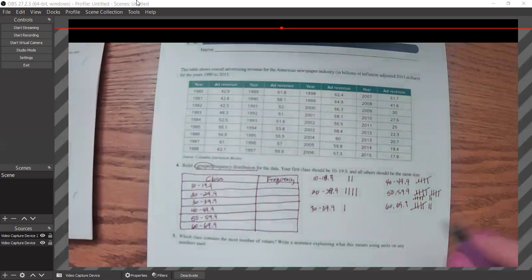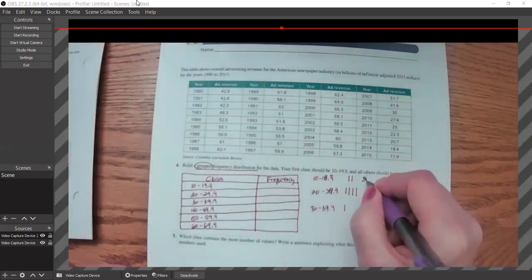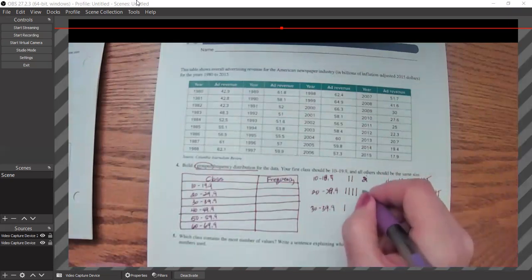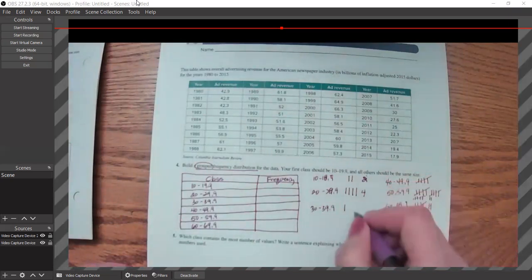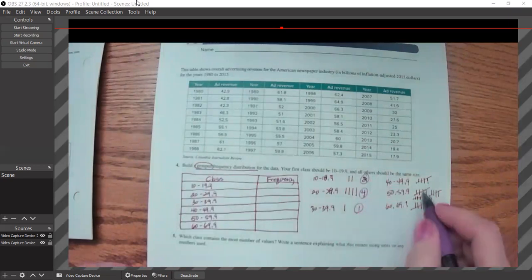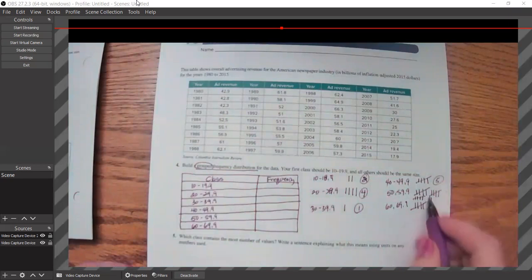All right, so this class had 2 numbers in that number of billions. And this class had 4, this class had 1. This class had 5, 10, 15, 16, 17. And this class had 5, 6, 7.